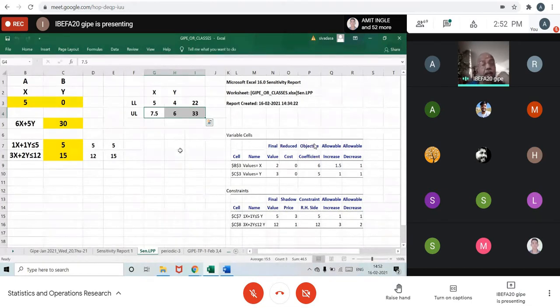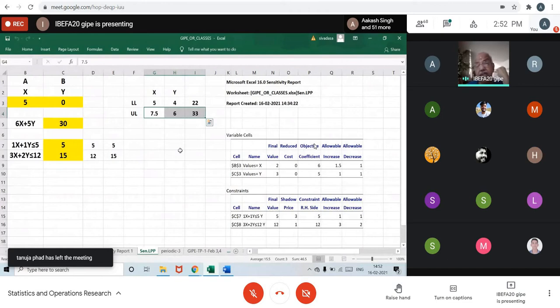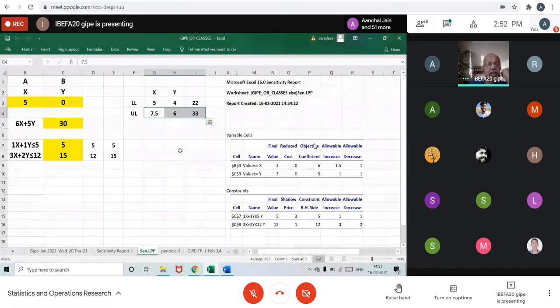But the shadow price tells us the change affected better for unit change in RHS. So, which of the tables are you studying more to make your objective function value better?